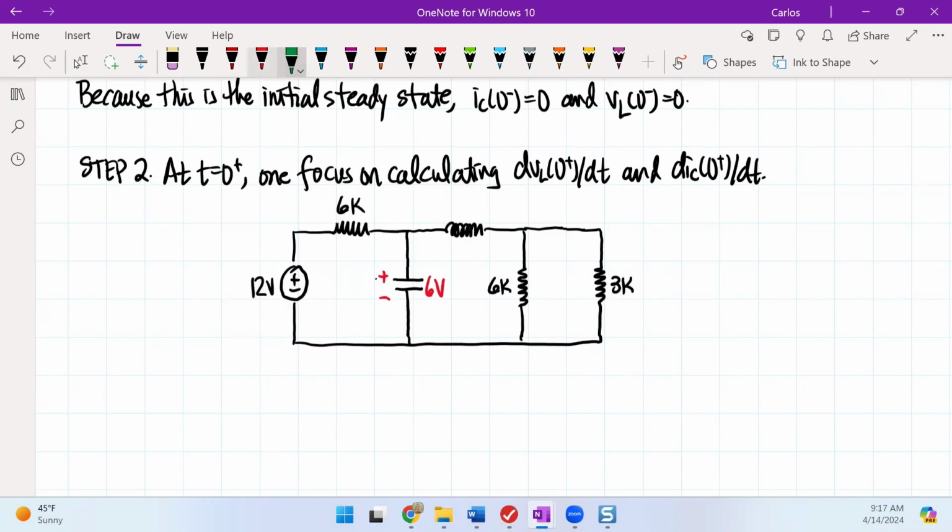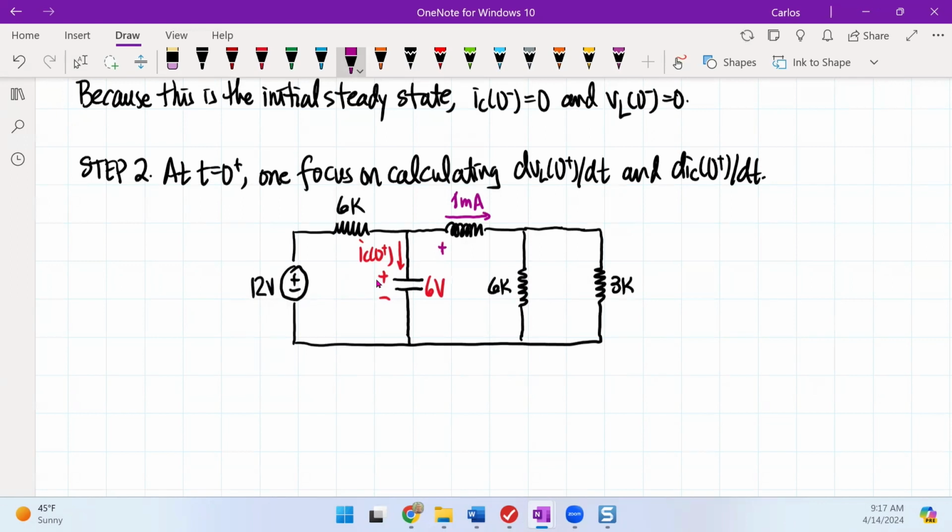But we assume that there's now a current through the capacitor at 0 plus, because you can have a discontinuity. At the same time, we assume that the inductor continues to have the same current.